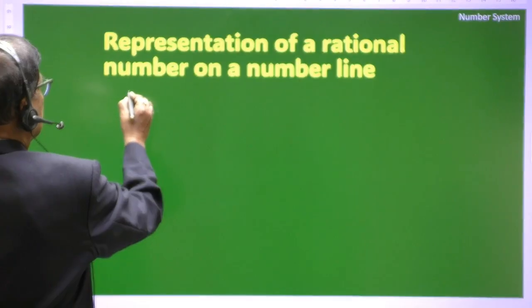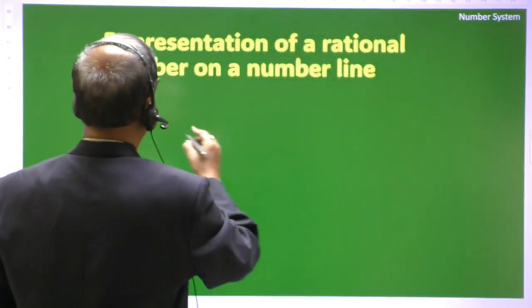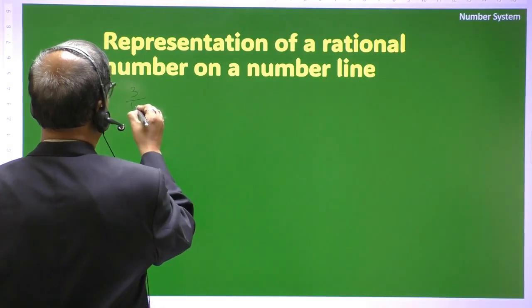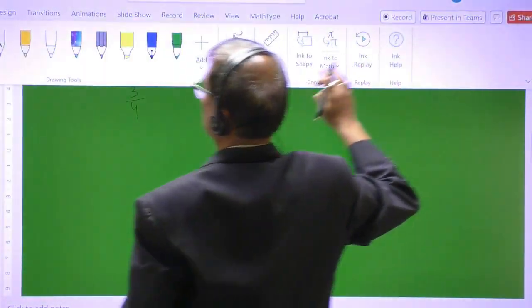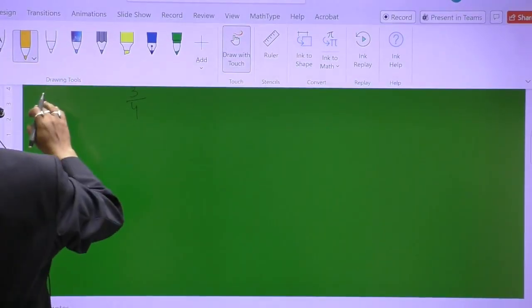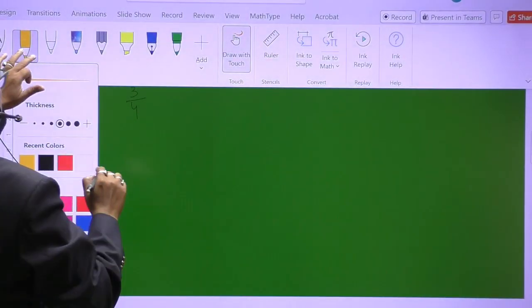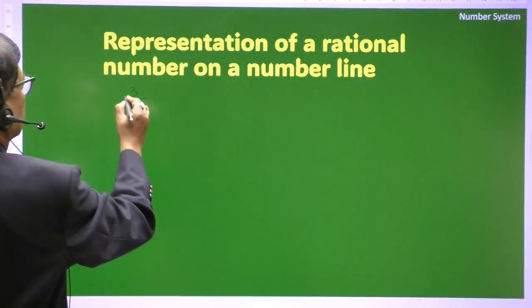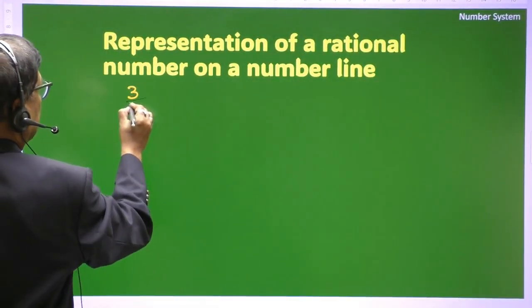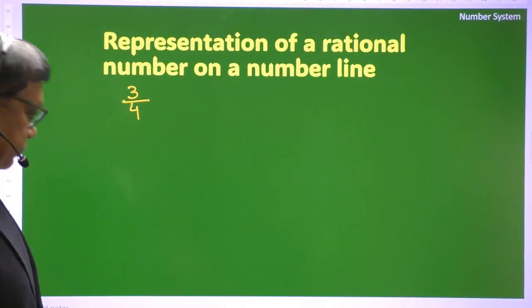For example, say 3 by 4, I have to take. Three upon 4 I have to represent on a number line.